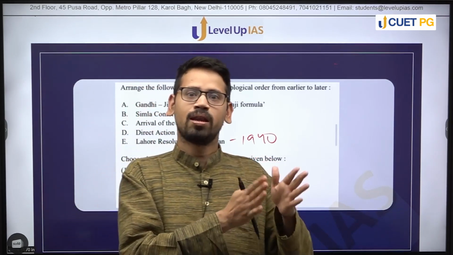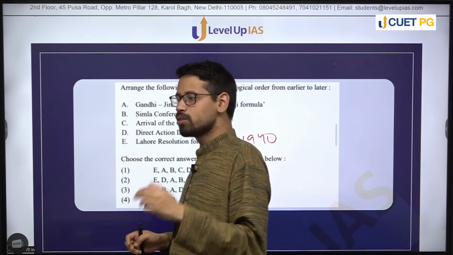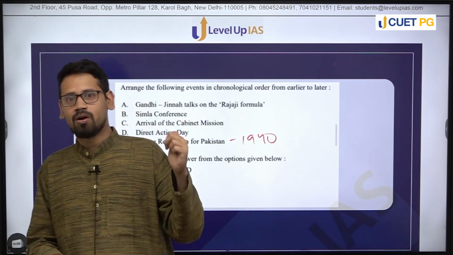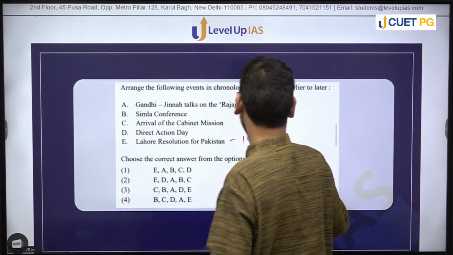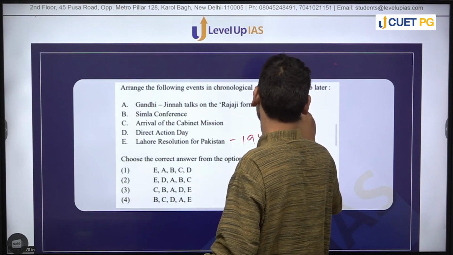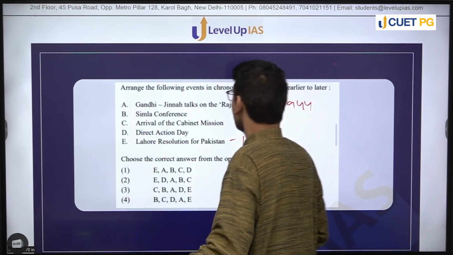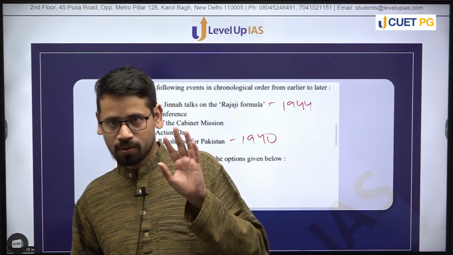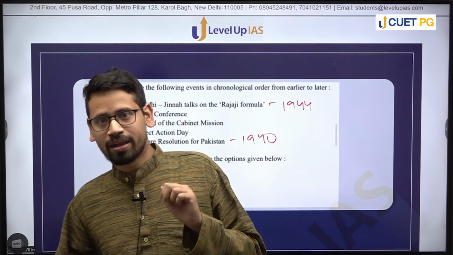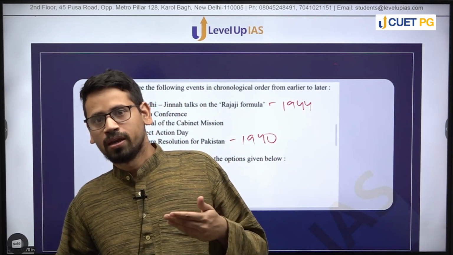What can be a negotiating factor? But Jinnah was not agreeing on this idea of Rajaji formula. Gandhi and Jinnah had a talk in 1944 regarding the Rajaji formula, right? But Jinnah was not ready to accept the notions, right?